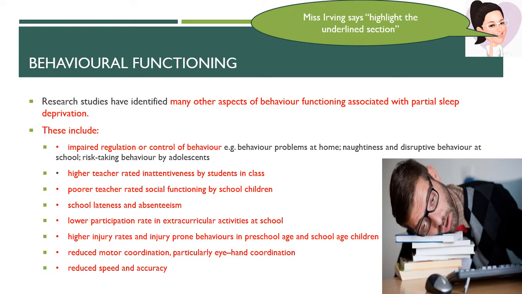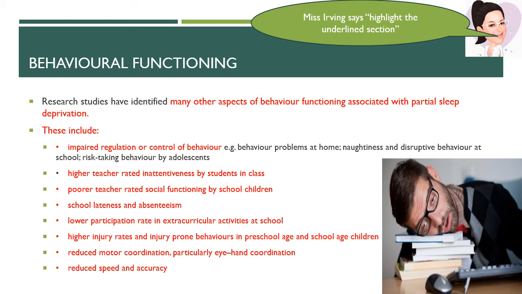Poor teacher rated social functioning by school children. If your emotions are going to be all over the place, there is a good chance that you are not going to be able to have good interactions with your friends. School lateness and absenteeism. A lot of kids are showing up late because they're sleeping in or they're refusing to get up. Low participation rate in extracurricular activities at school.